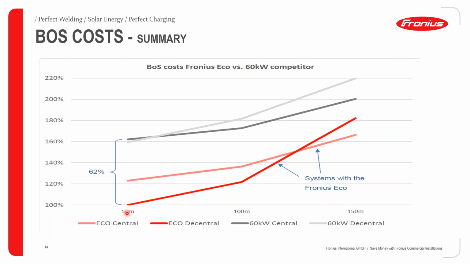We are taking the decentral setup as the base cost for comparison because this has offered us the least configuration cost, considering a distance starting from 50 meters. If you extend this distance further up to about 150 meters, you can see for the two system configurations, using the data that I've shown you before, that the Fronius Eco will offer you a 62% cost advantage as far as the balance of system components are concerned, compared to the 60 kilowatt competitor.